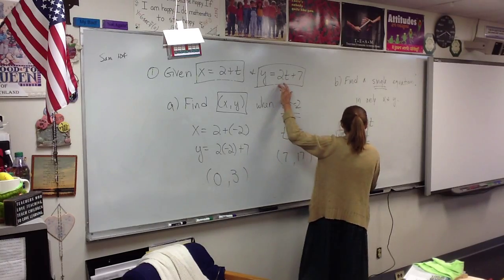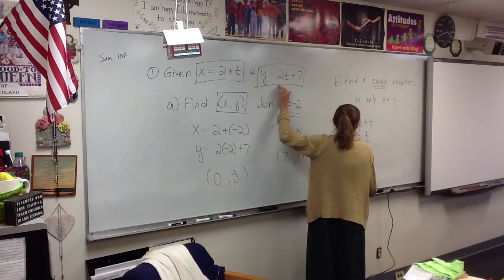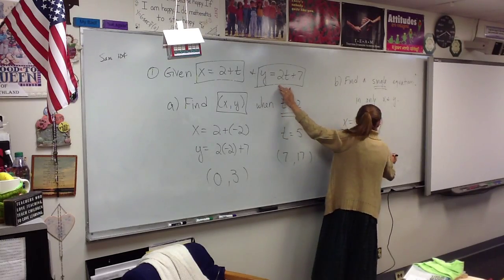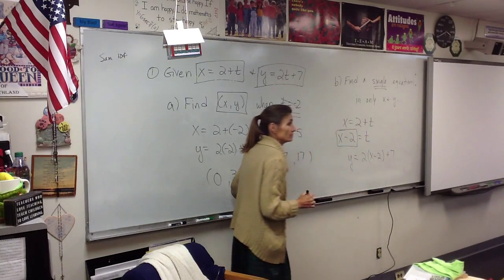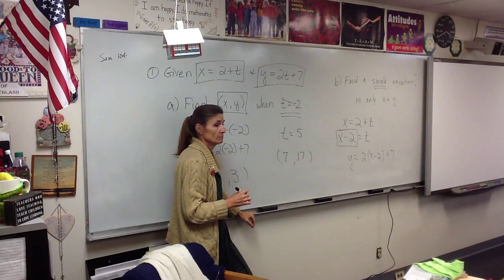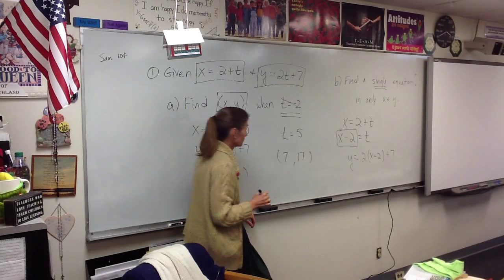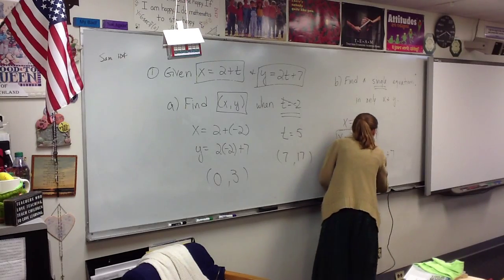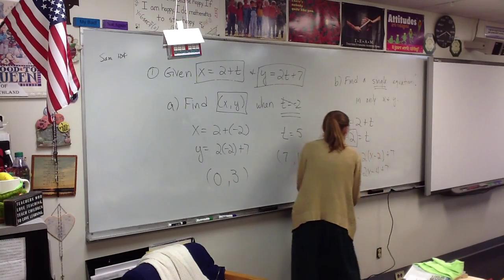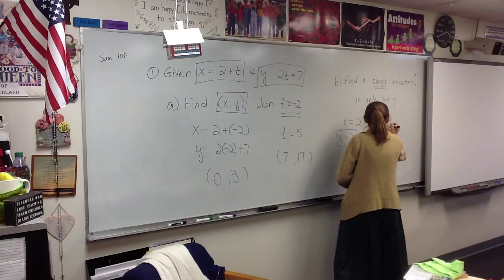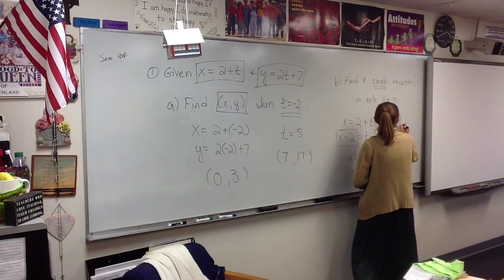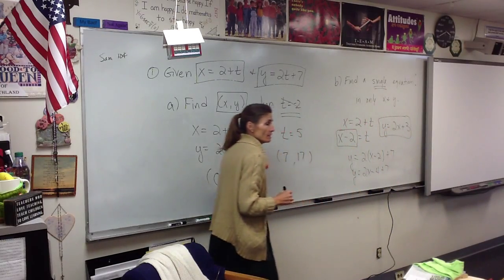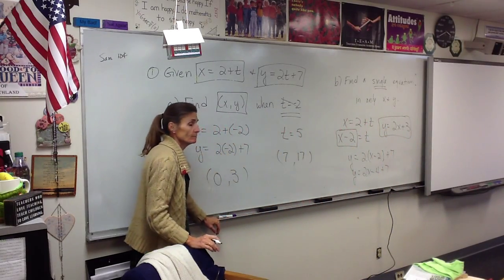I go to my other equation, and instead of t, I write x minus 2. So 2x minus 4 plus 7. I came up with 2x plus 3, y equals 2x plus 3, as my equation.